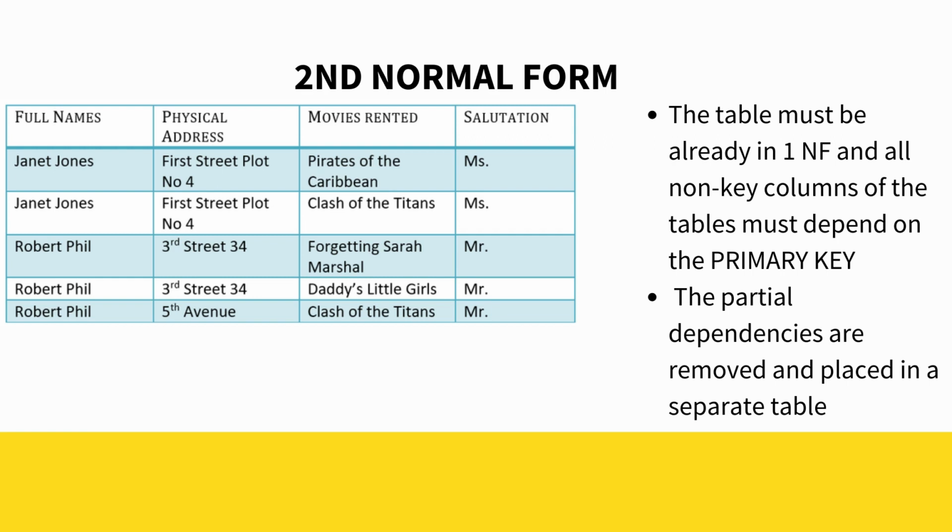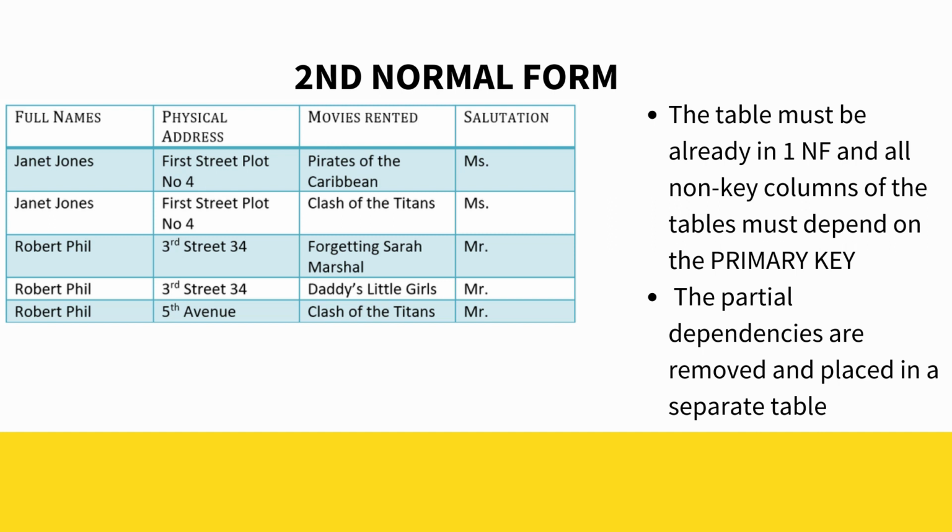Second normal form. The table must already be in first normal form, and all non-key columns of the table must depend on the primary key. This table doesn't have a primary key yet. The partial dependencies are removed and placed in a separate table.